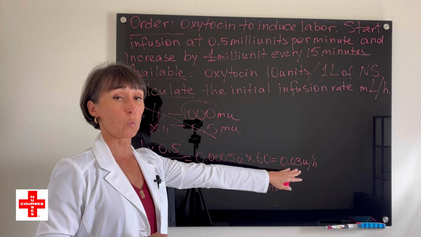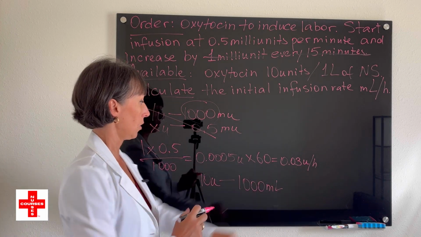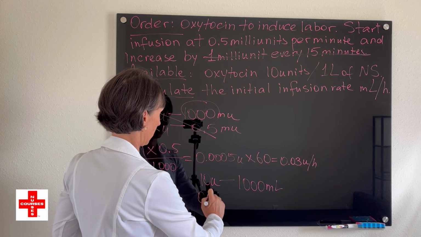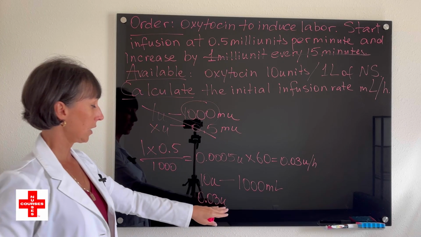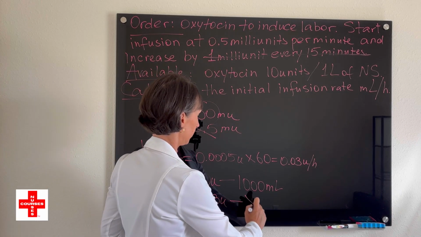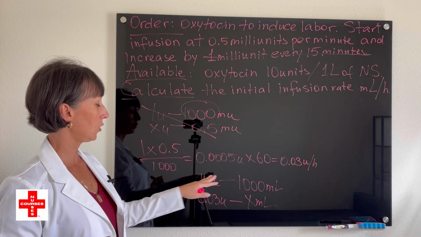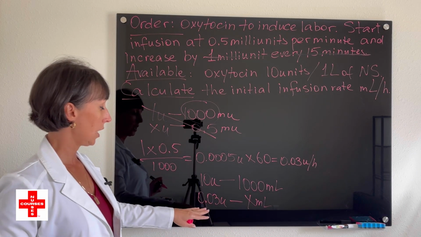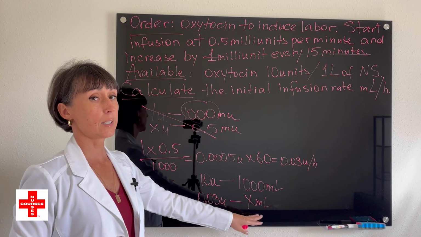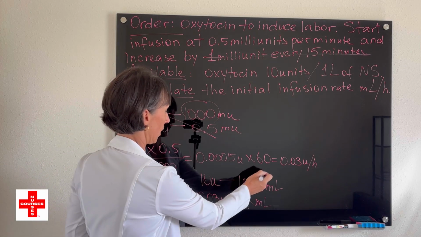I need to give 0.03 units in 1 hour, right? Units under units, milliliters under milliliters. So 10 units is 1,000 milliliters, 0.03 units is X milliliters.